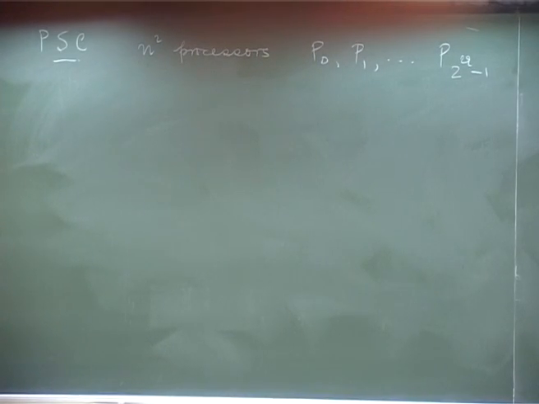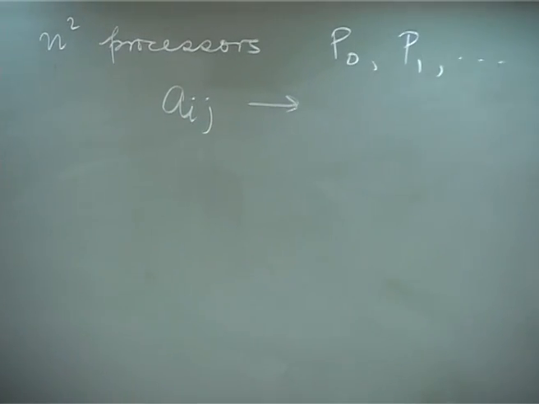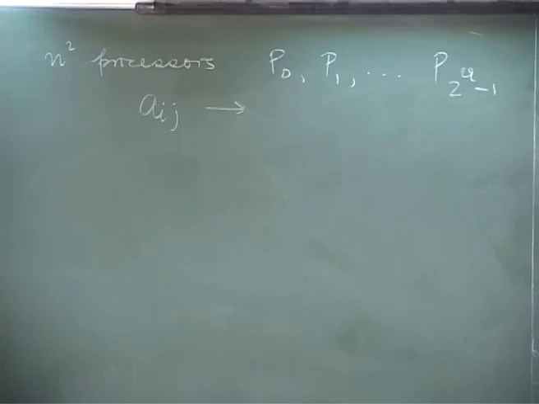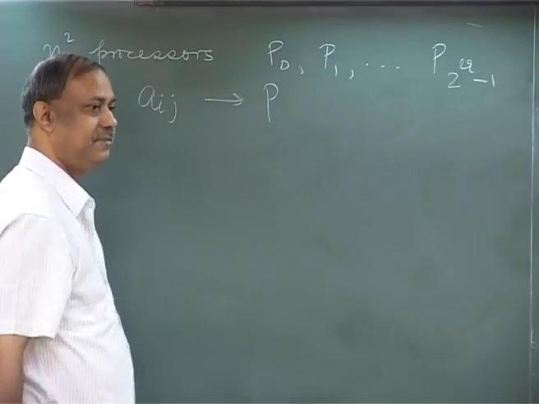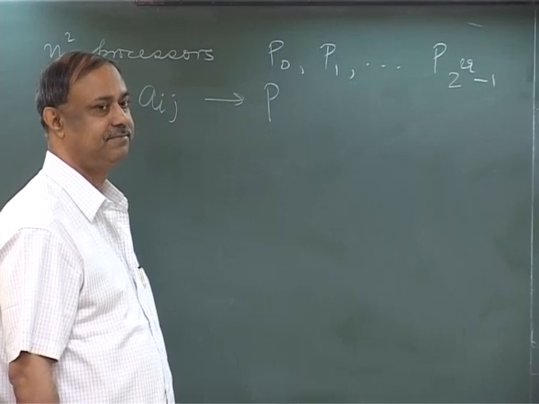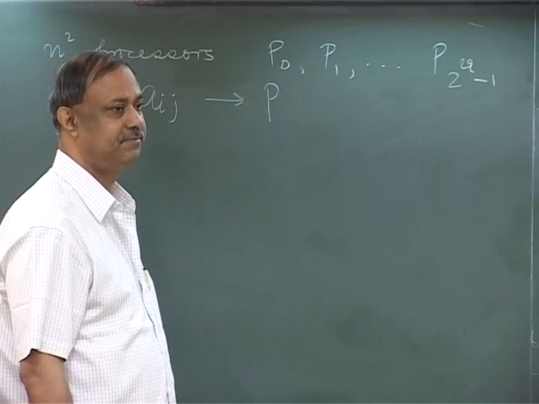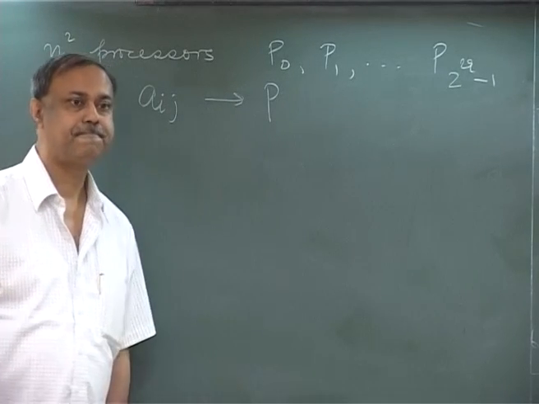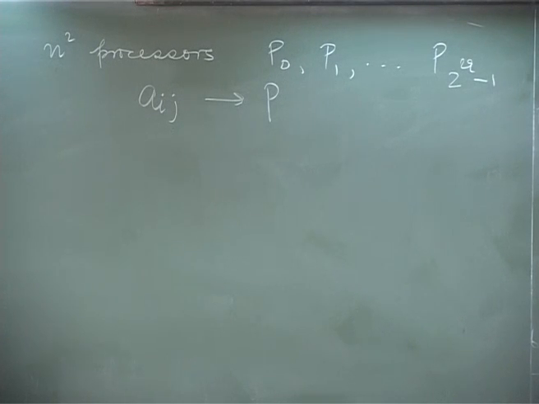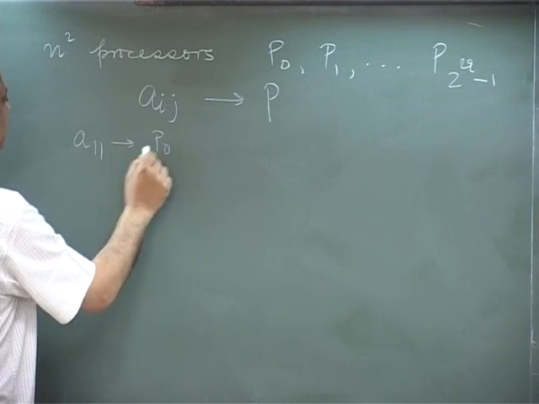Now, can you suggest how Aij is stored in P? A11 is stored in P0.